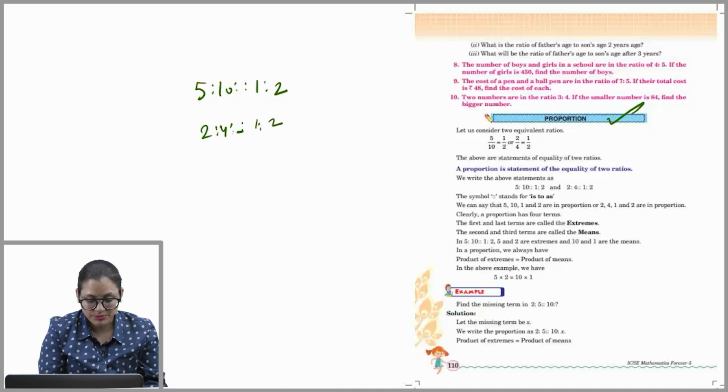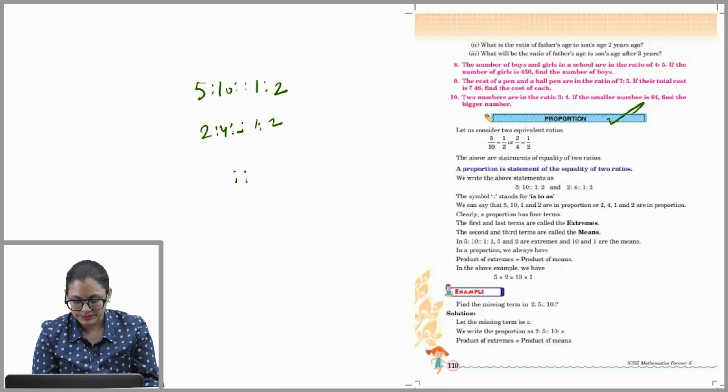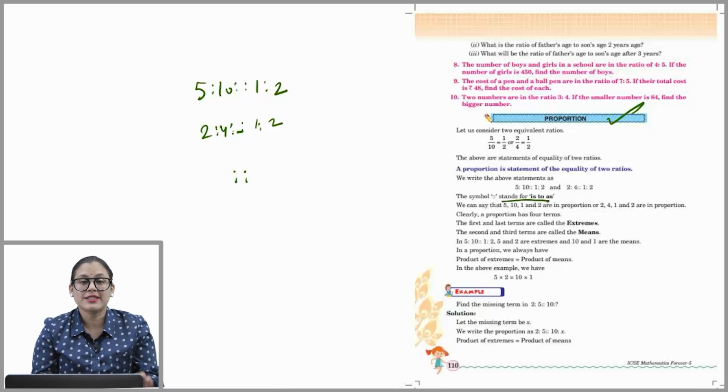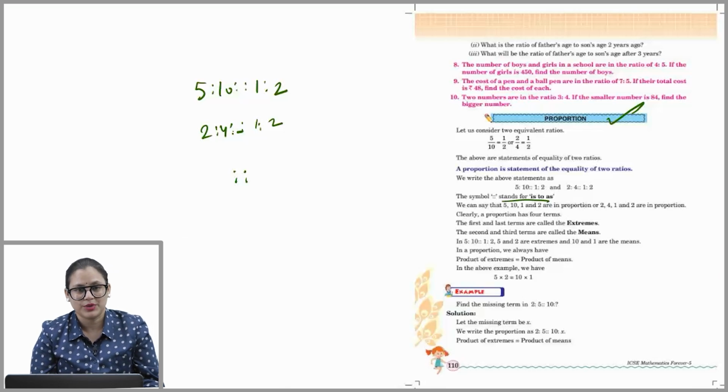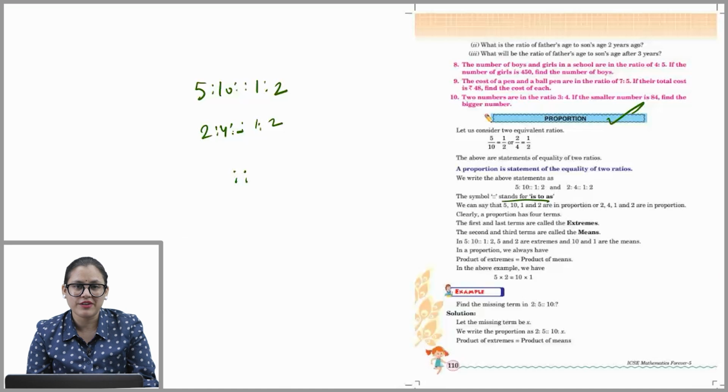Now this symbol, we read it as "is to as", meaning 5:10 is to as 1:2. So we can say that 5, 10, 1 and 2 are in proportion, or 2, 4, 1 and 2 are in proportion.